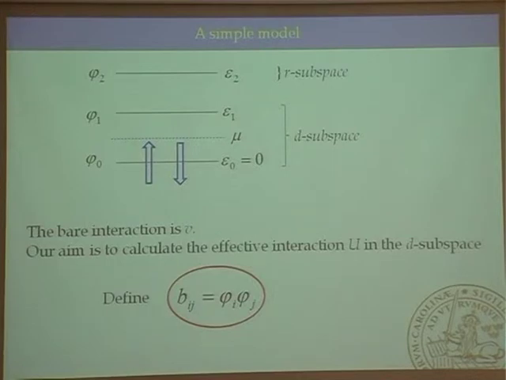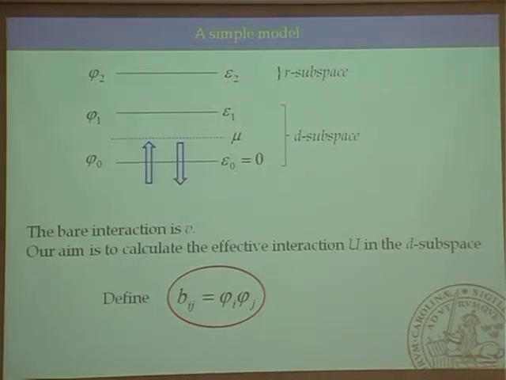Maybe this is the simplest I can think of. Well, maybe 2 levels would be even simpler, but it's not so realistic. So 3 levels is the simplest realistic case. I have just 2 electrons, up and down, in the lowest state, so these are non-interacting. And we assume we have some bare interactions, V, between the 2 electrons.